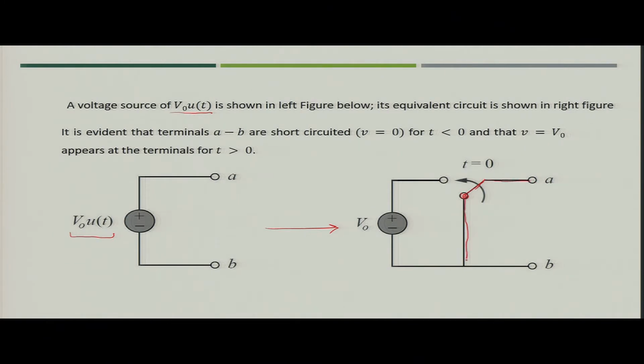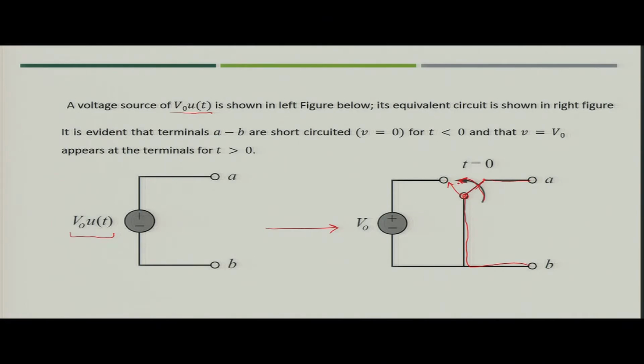When at time t is equal to 0 you throw the switch from this terminal to this terminal, then the updated circuit would be different.